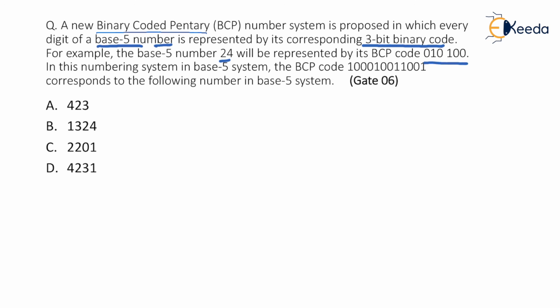So we'll see how this 24 is converted into BCP. It is very easy. See, this 24. Now what is the base? Don't forget, the base is 5. They have tried to represent it in binary. So 4 is written like this, 100, and 2 is written as 010.